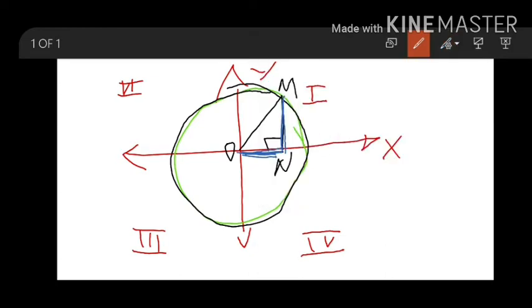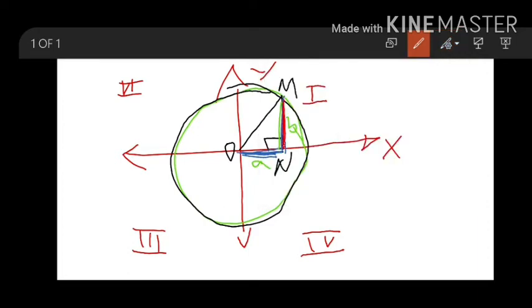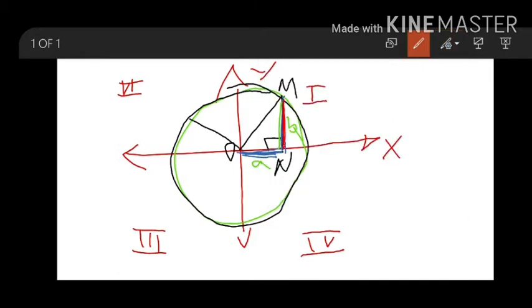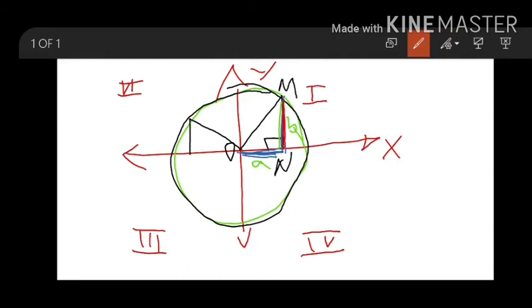So let me give this distance as A and this as B. Okay, along the x-axis, let's say this is A. Along the y-axis, let me put with another color, with red, this is B. Similarly, let's draw another right triangle with the same measurement. We can take any measurement, but for convenience we can take the same measurement.